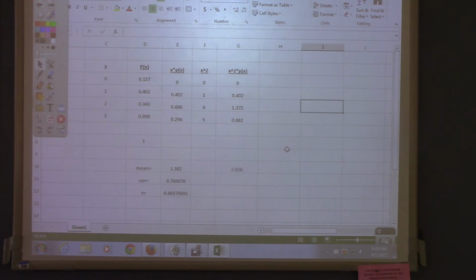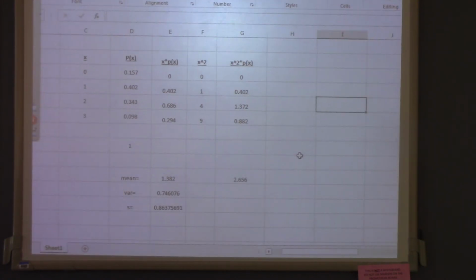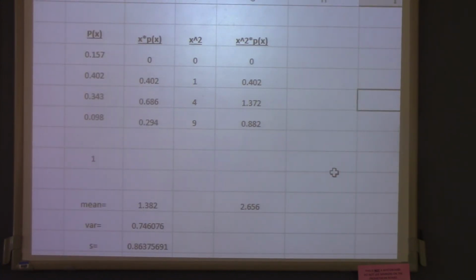Y'all get those numbers? Mean is 1.4 and the standard deviation is 0.9.